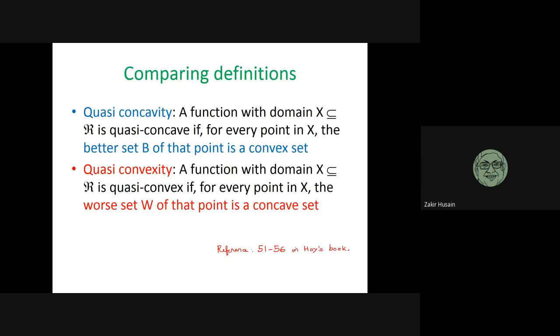Okay. So please go through the definition. When you're going through the definition, page 55, you will see that there's a definition 2.29 of quasi-concavity.